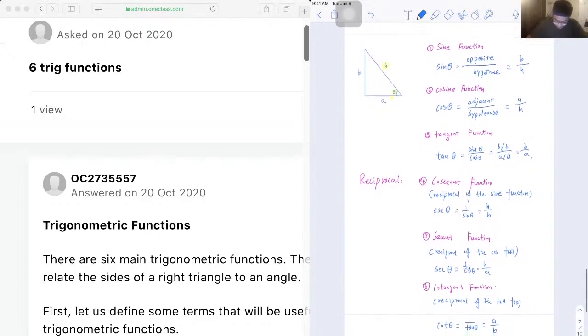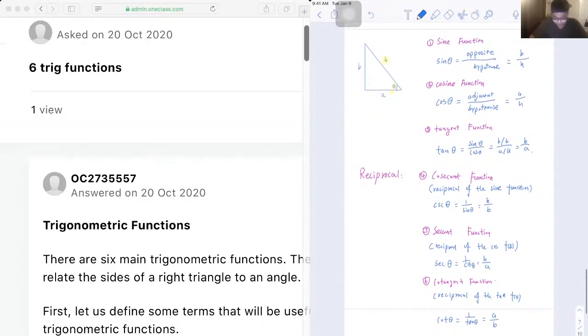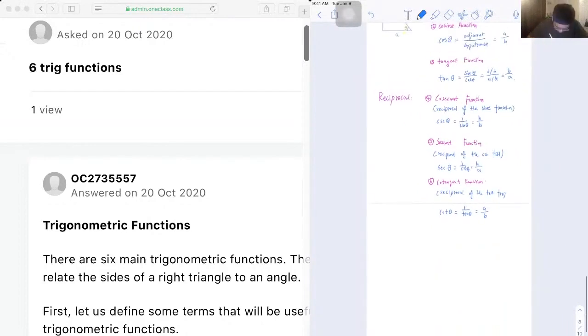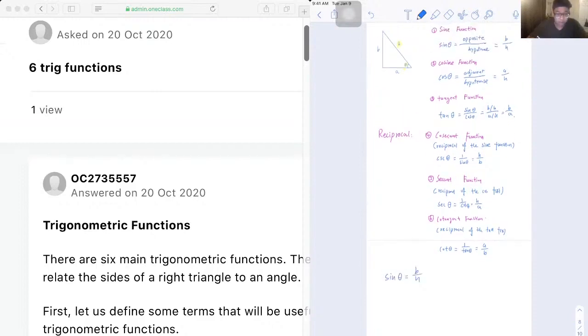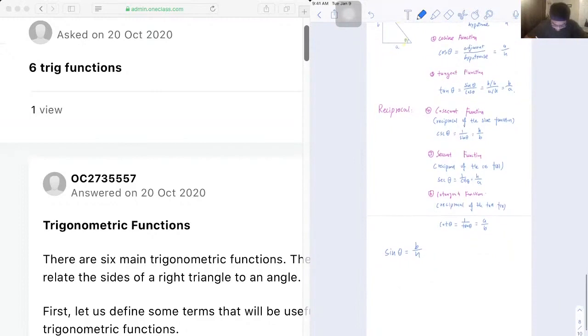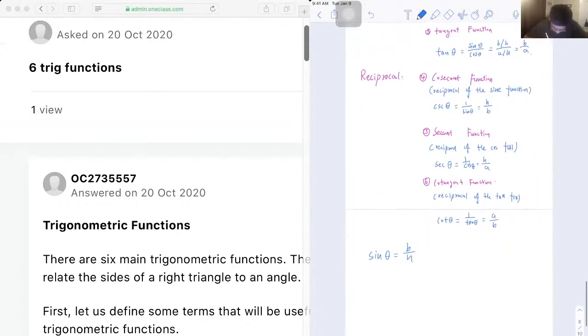And when you're memorizing this, I suggest you memorize them by pairs. So let's say sine theta is equal to b over h. The cosecant function, which is a reciprocal of sine function, will be just h over b.